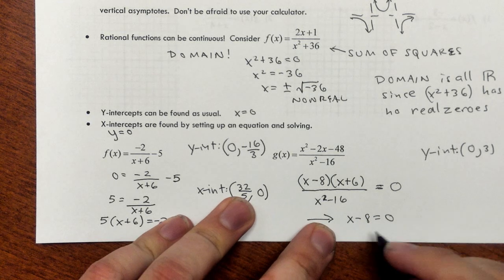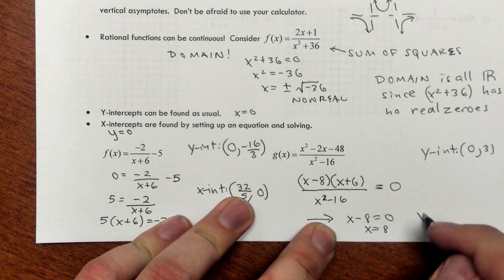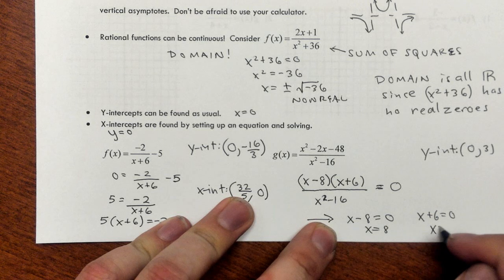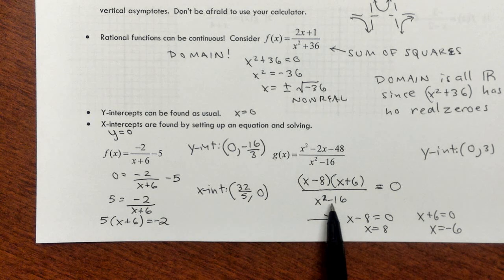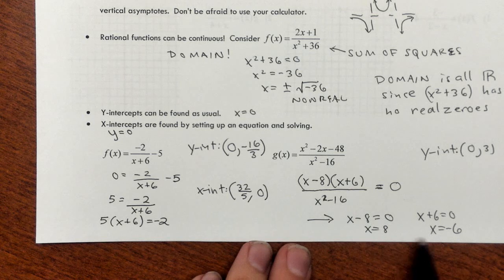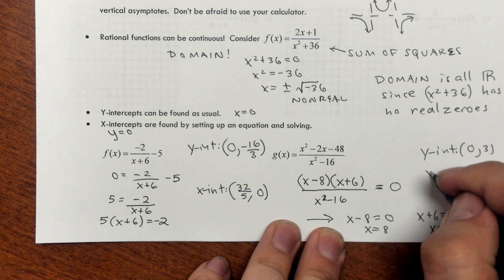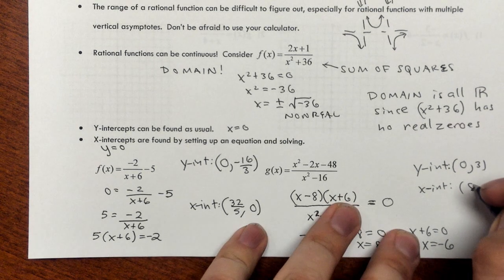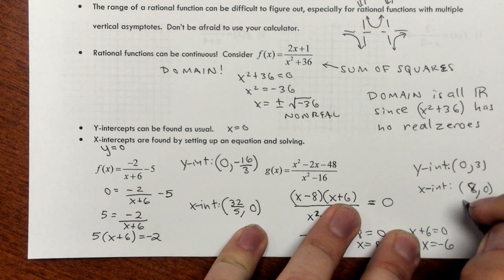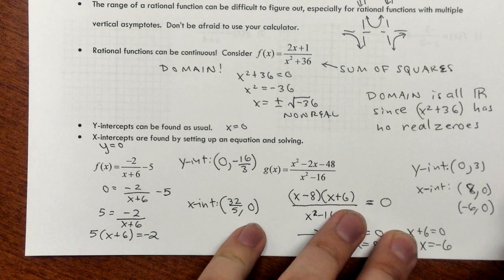So x minus 8 equals 0, x equals 8, x plus 6 equals 0, x equals negative 6. You should go and check for restrictions. X squared minus 16 factors as x plus 4, x minus 4, so x should not equal 4 or negative 4. I can't get either one of those. So I would see that I have two x-intercepts for this problem, 8, 0, and negative 6, 0.